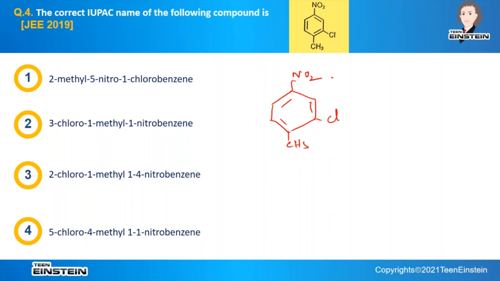So here 3 substitutions are there. So here the common name of the benzene derivative is taken as the base compound. So here the base compound is toluene, which is the methyl group attached to benzene, called toluene. So we can start numbering from the base compound. So the number 1 starts from the methyl group.